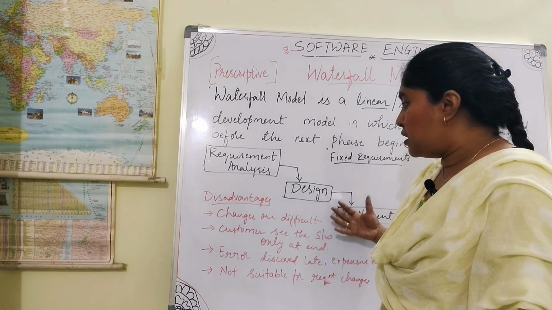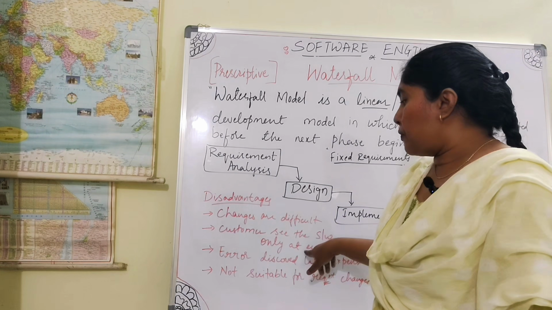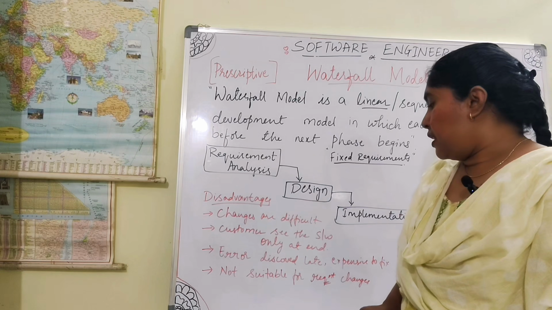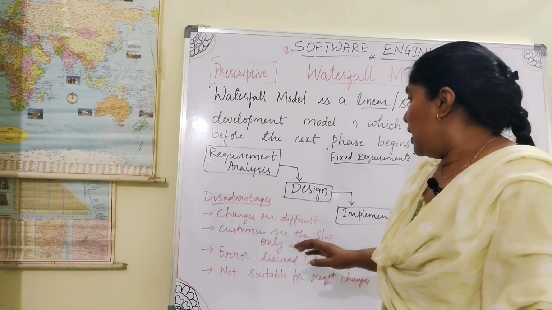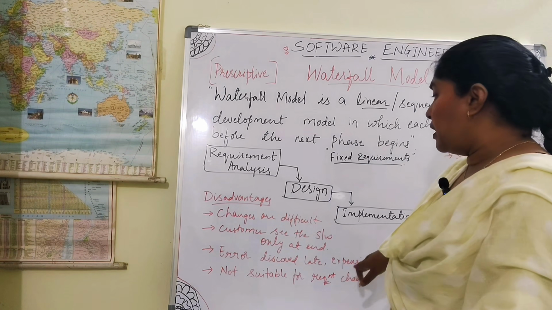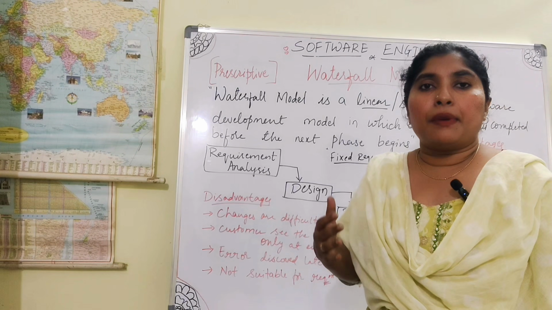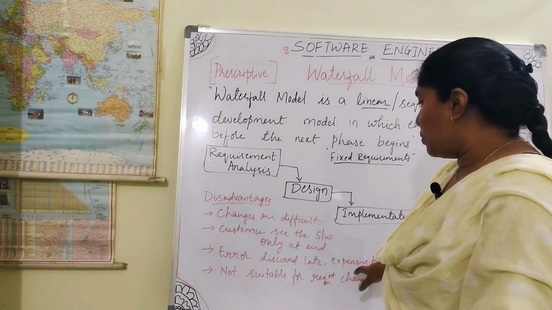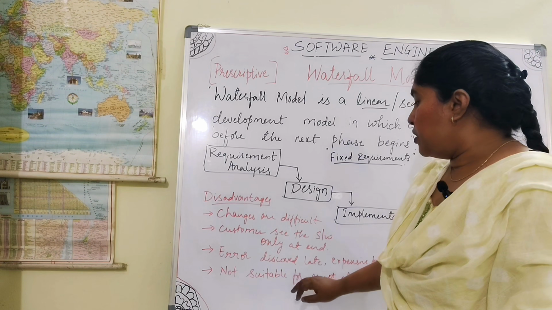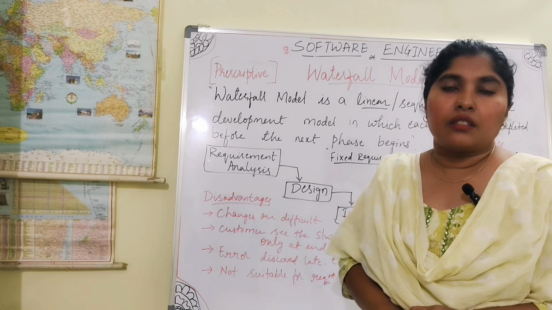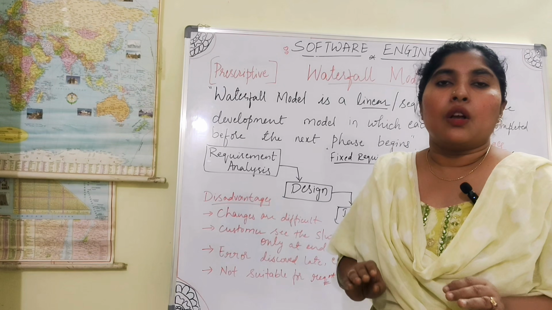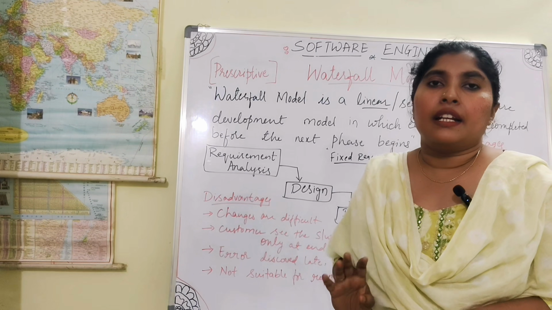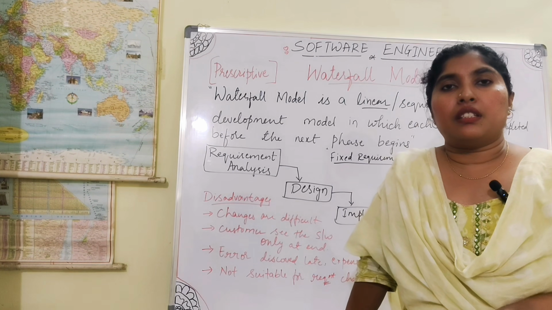So it is difficult, and the customer sees the software only at the end. Next, errors discovered late are expensive to fix. An error discovered after deployment or after maintenance means the cycle repeats, so it is expensive to fix, and it is not suitable for requirement change. It is only for fixed requirements where the customer knows everything about the software he wants to develop. So that is about the disadvantages.